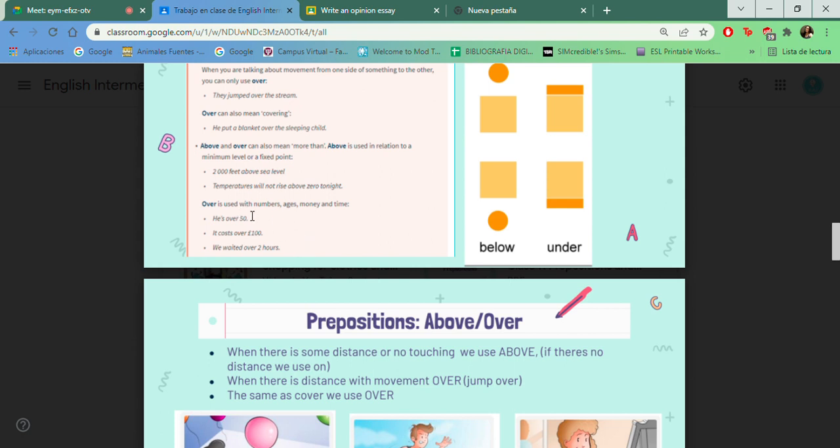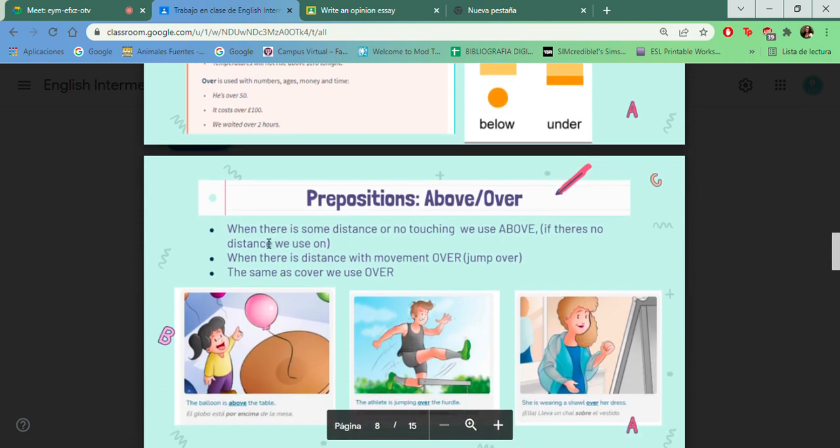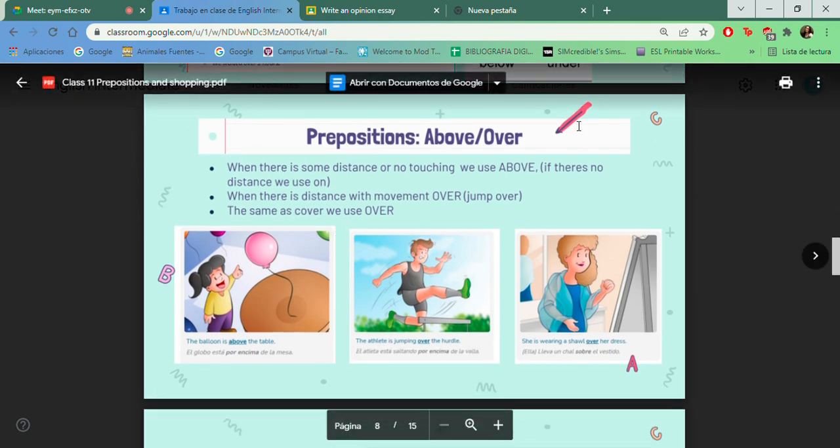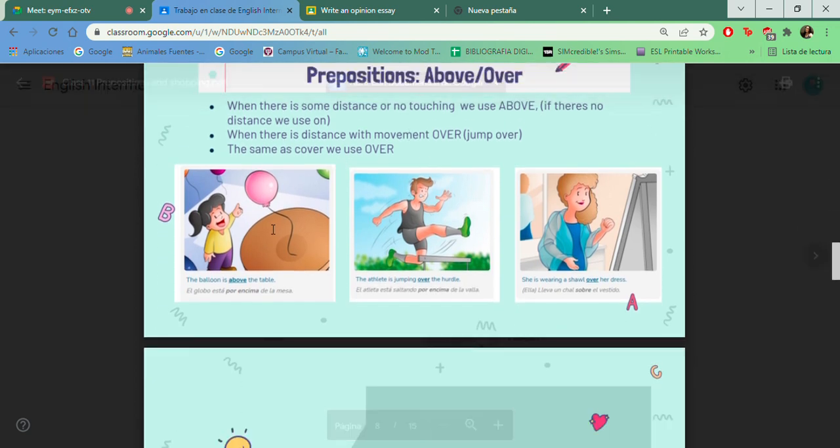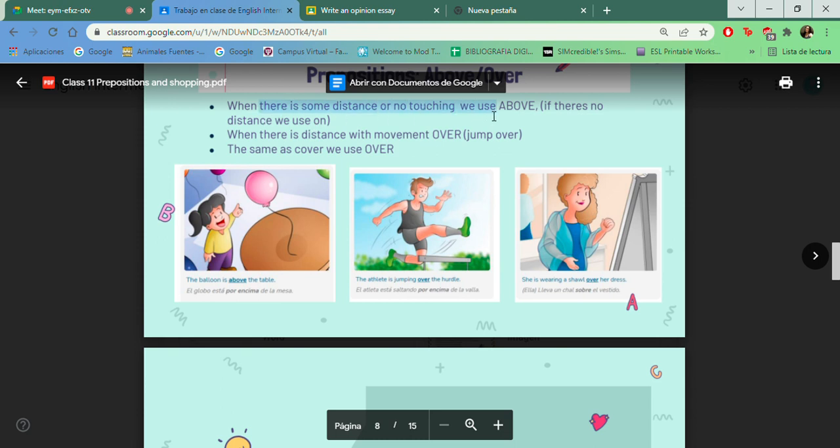Over you can use with numbers, ages, money, and time to mean that it's more than. He is over 50. It costs over 100 pounds. He waited over 2 hours. Great. Here, where there is some distance, no touching, we use above.